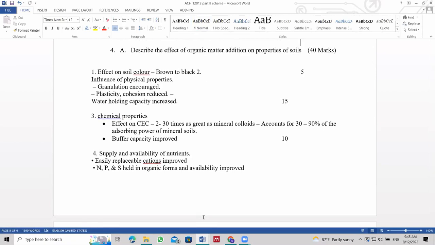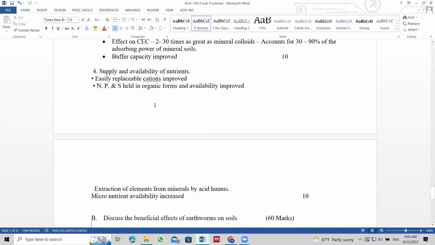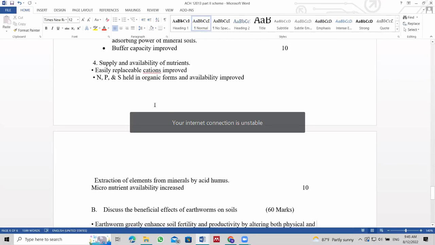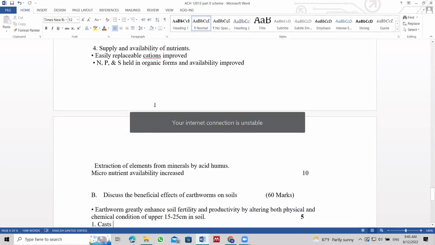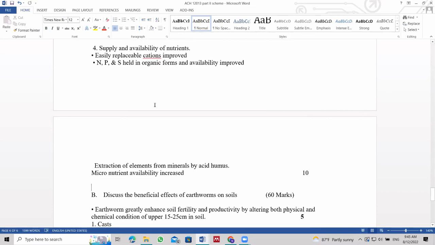Here you have to discuss each and every effect: effect on color or physical property, then effect on chemical property, then nutrients. That is the answer for that question.